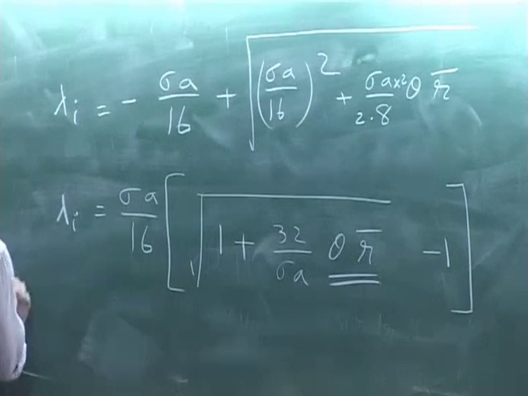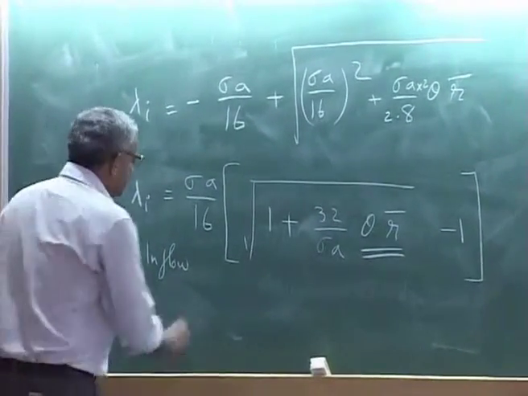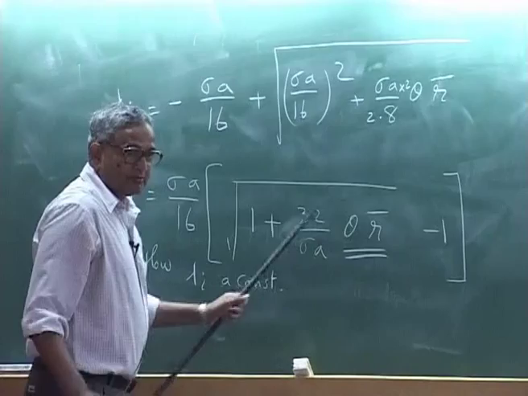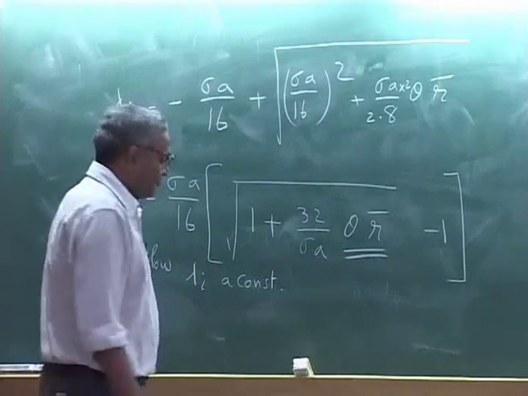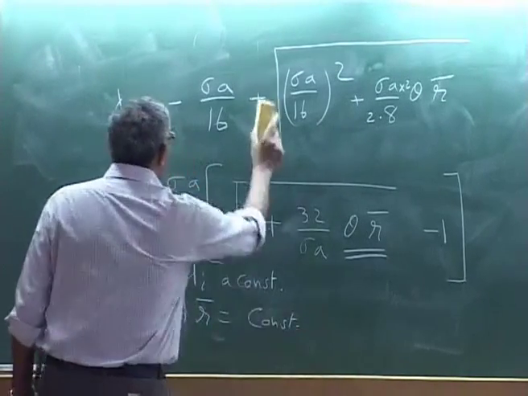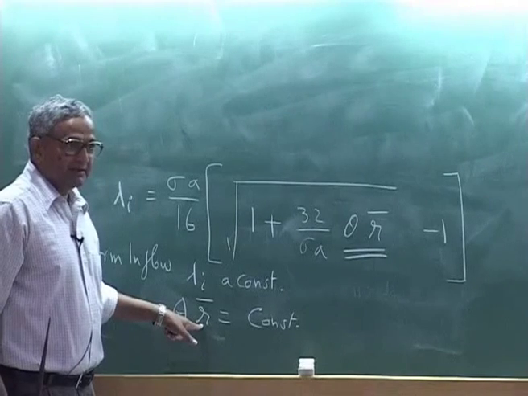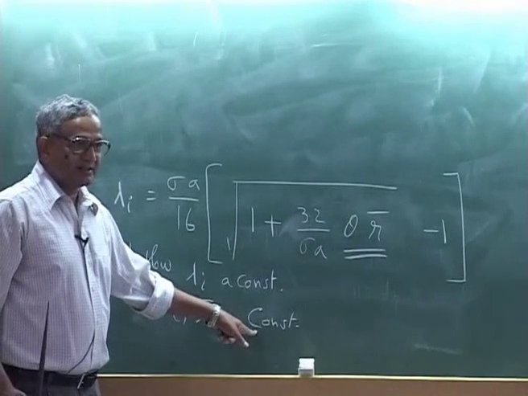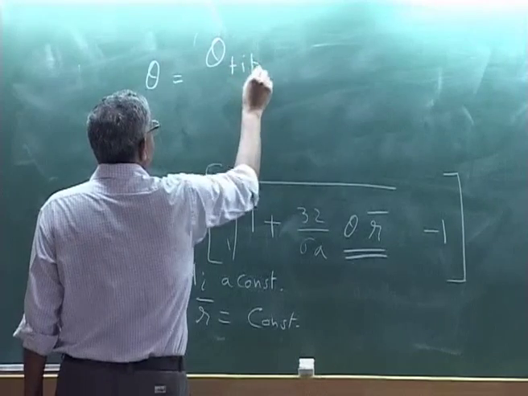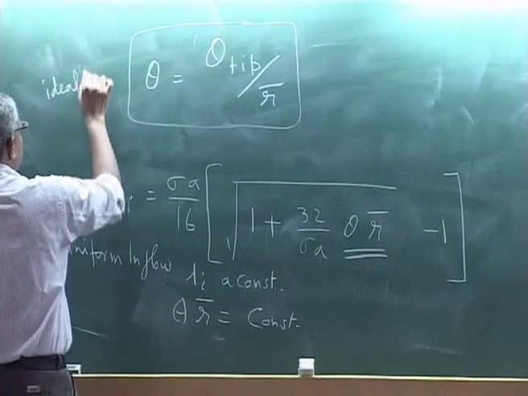So, for uniform inflow, I need lambda I to be a constant, that means theta r bar should be equal to some constant. Because when r bar is equal to 1, that is the tip, the constant is nothing but the tip. So, your theta becomes theta tip over r bar. This is the ideal twist.